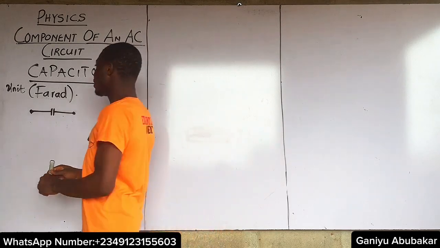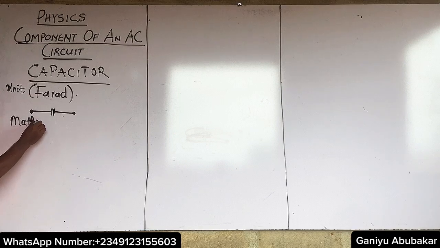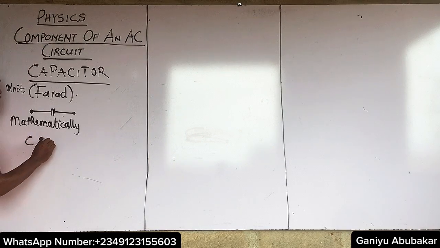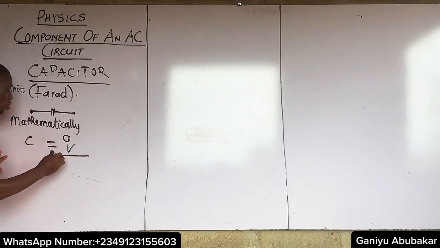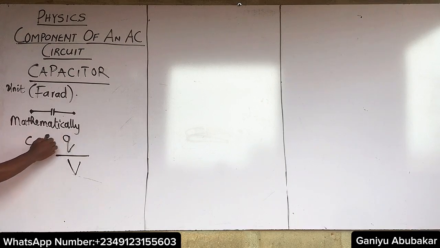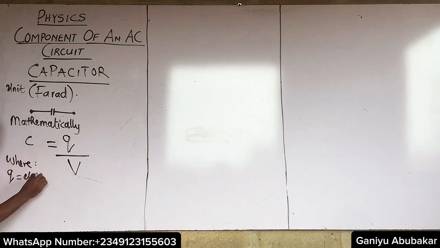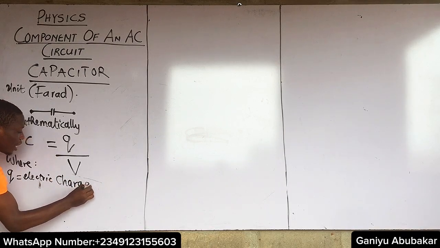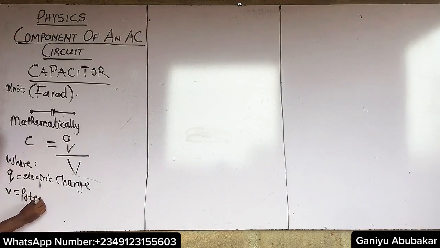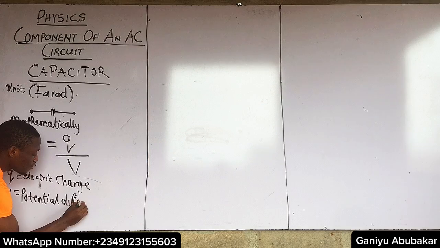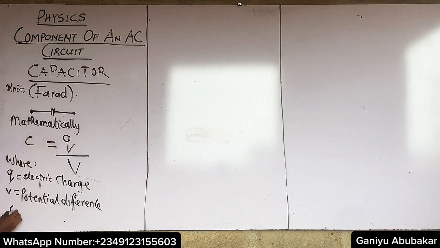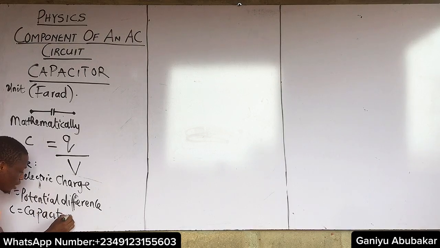At this point, mathematically, the capacitance C of a capacitor is equal to the electric charge over the potential difference, where Q is called the electric charge, V is called the potential difference, and C is called the capacitance.